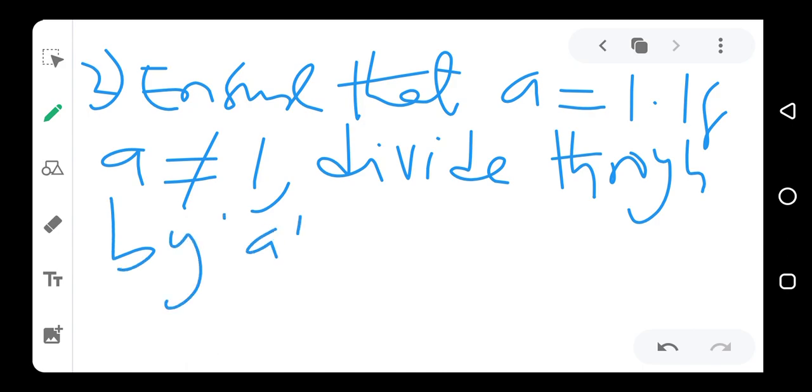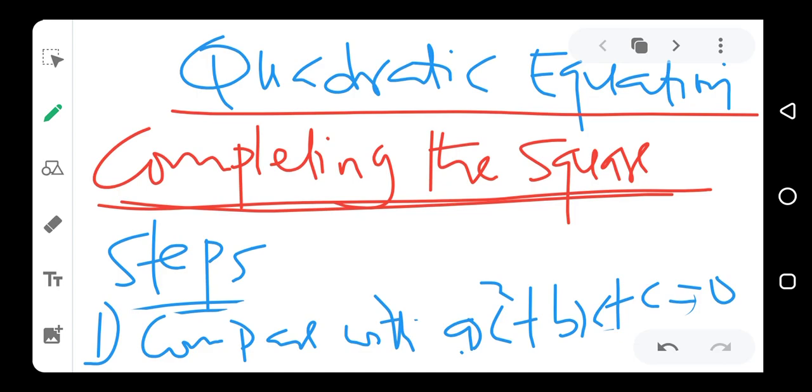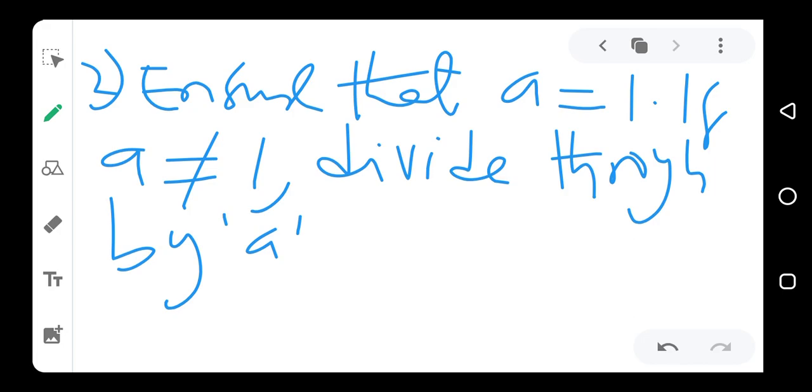To divide through means to divide everything, all the values given to you in the equation, by the value of a. If you divide by a, it will clear the value of a here and make it 1. For instance, if this is 2x squared and you are now dividing by 2, it becomes 2x squared divided by 2. Then the 2 will cancel 2, leaving only x squared. Then in this case, you have made the coefficient of x squared 1. That is the essence of doing this. That is step 2.